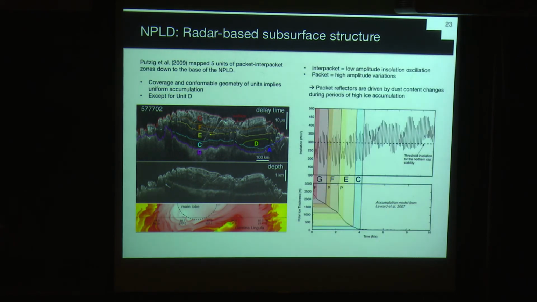Those were correlated to different portions of the insolation history of Mars, where interpacket areas correspond to low amplitude insolation oscillation, and packet areas correspond to higher amplitude areas. So that means that the packet reflectors are driven by dust content changes during periods where ice is actually accumulating.